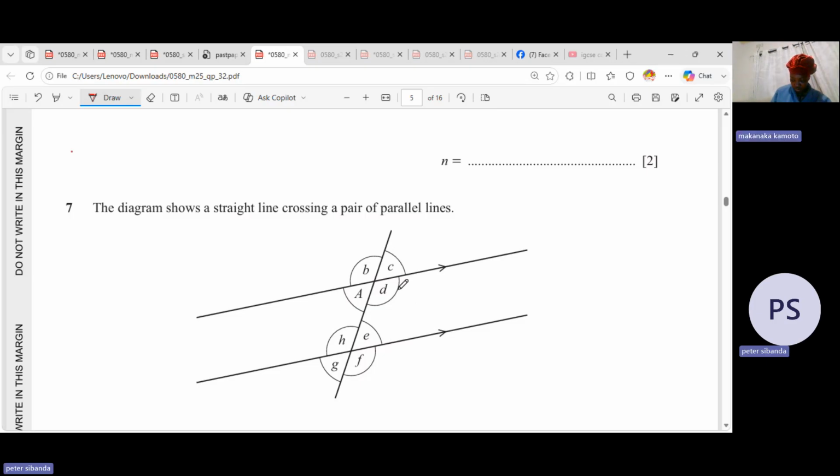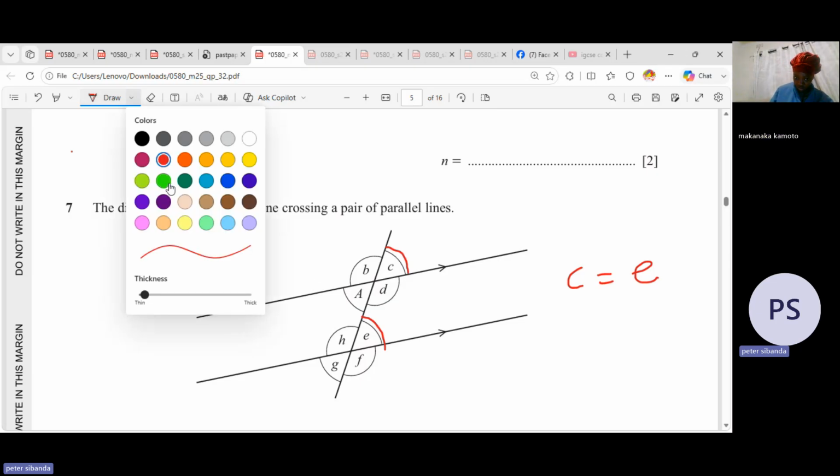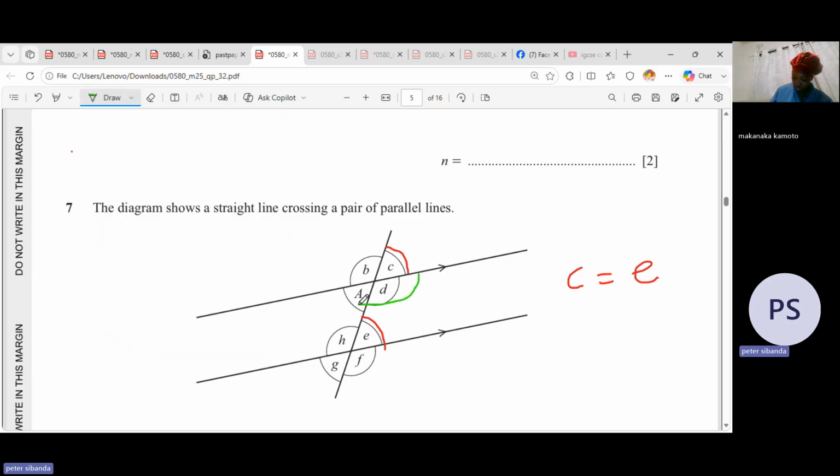We can say the angle on top of the parallel line is equal to another angle on top of the other parallel line here, meaning that C is equal to E. But the one below is also equal to the one below the other parallel line. That's the F angle we are dealing with, meaning D is equal to F. I didn't look at what the question is asking.